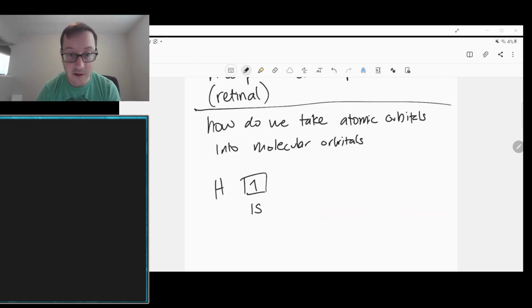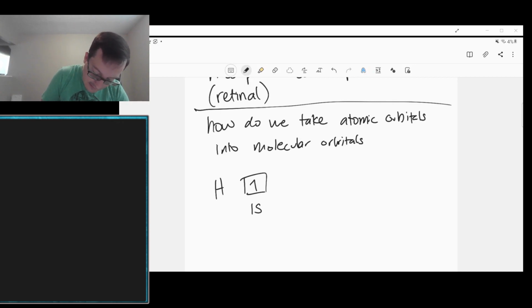For example, we have hydrogen. It's got its 1s electron, right? Let's see what these orbitals look like when we have two atoms coming together, rather than just a single atom. A single atom is an atomic orbital, but having multiple atoms would be a molecular orbital.